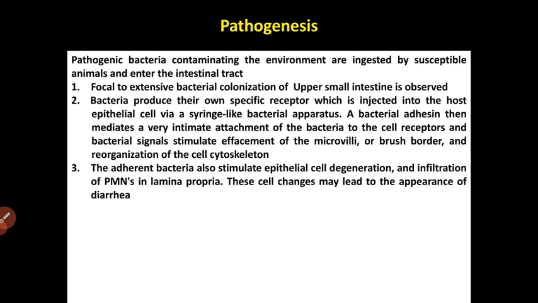Now, the adherent bacteria also stimulate epithelial cell degeneration and infiltration of PMN in lamina propria. So, this is the pathogenesis going on with EPEC. These cell changes may lead to the appearance of diarrhea.